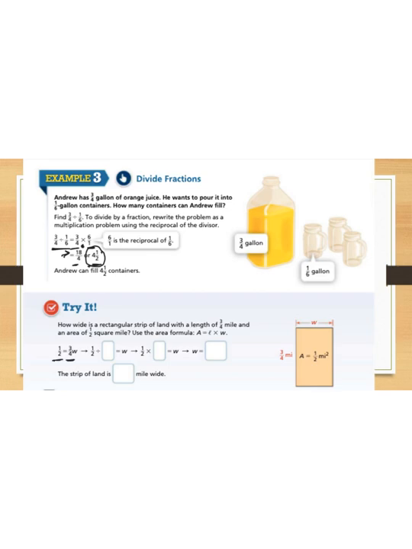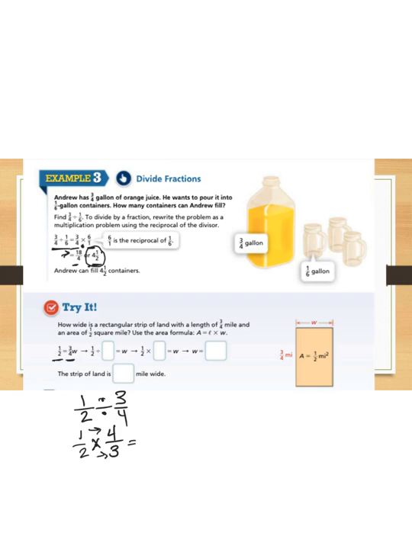So we are going to rewrite this as a division problem. We are going to take 1/2 and divide it by 3/4. Now remember, in order to divide, we are really going to multiply by the reciprocal. So we have to rewrite it again. 1/2 times 4/3.